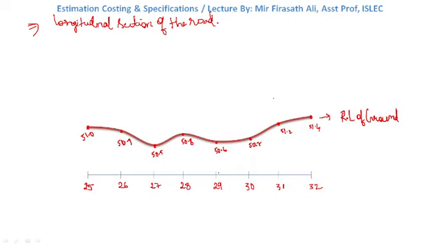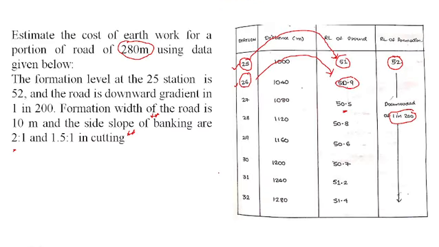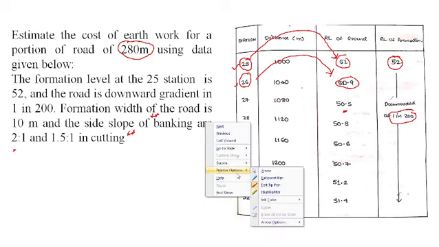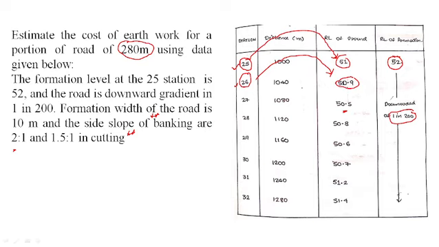Now, what we need to do is, as it is given to us, formation. Now we are done with reduced level of the ground. Now go for this thing. At 25th station, what is given to us?